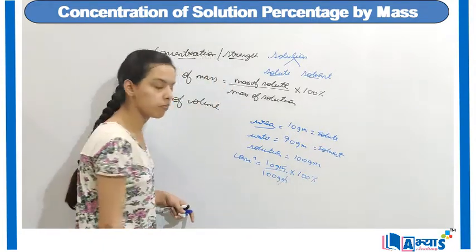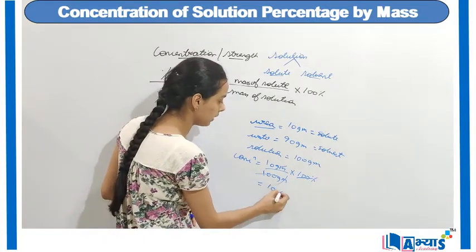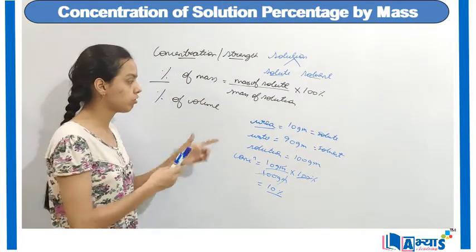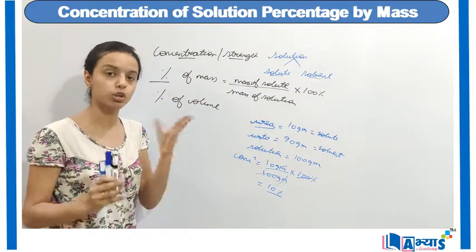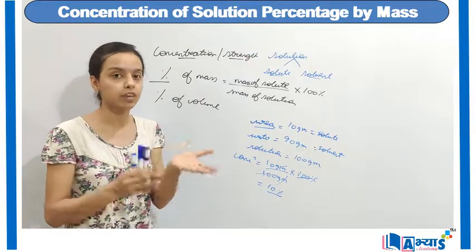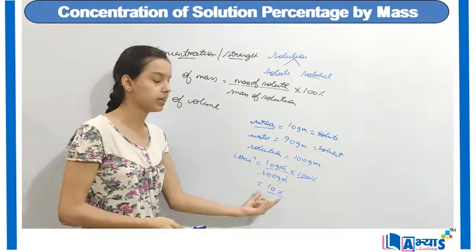Gram and gram cancel out, 100 also cancels out, and the answer is 10%. That means the concentration of urea in the solution of urea and water is 10%. So 10 grams of urea combined with 90 grams of water makes a solution that is 10% concentrated.